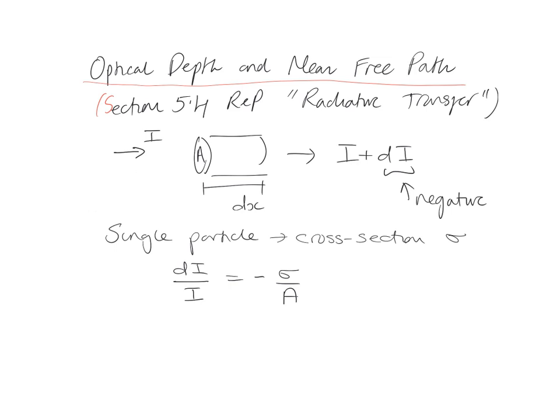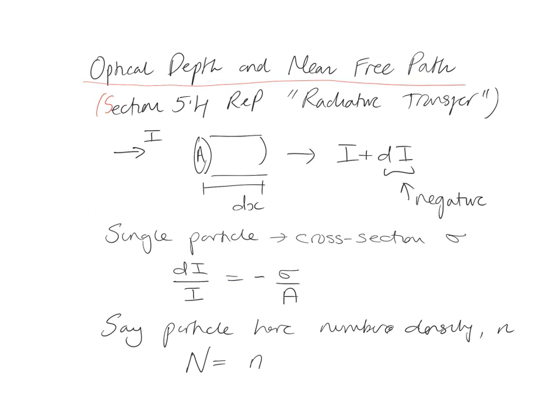Okay, so now to move on, we need to consider not just a single particle, but a number of particles that have a number density little n. Then in our little chunk of gas, we're going to have a number of particles equal to big N, which is the number density times the volume.